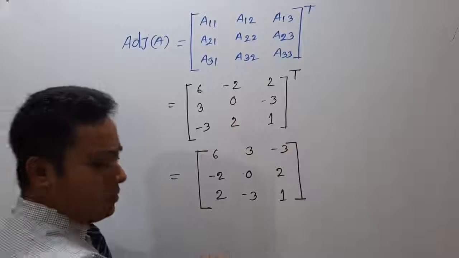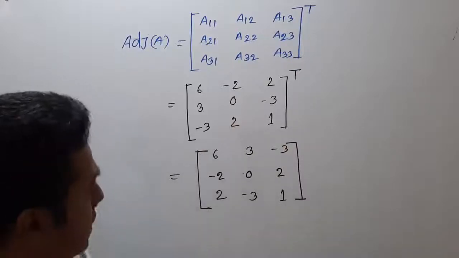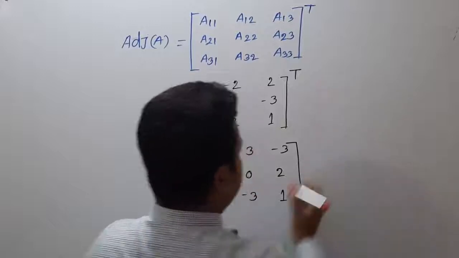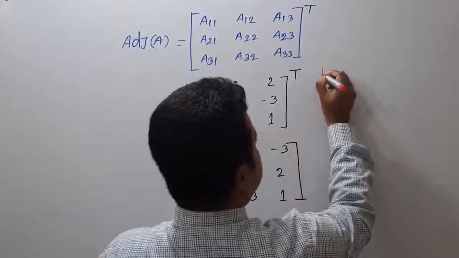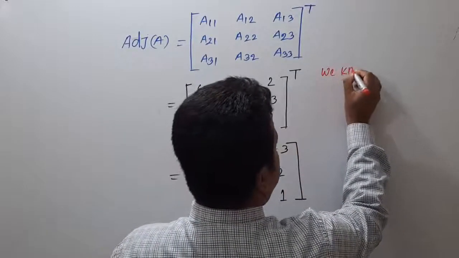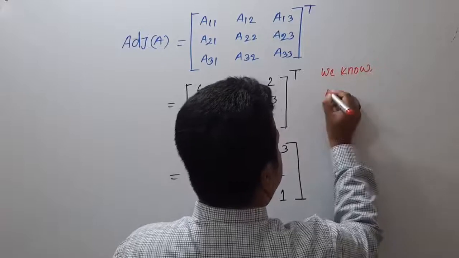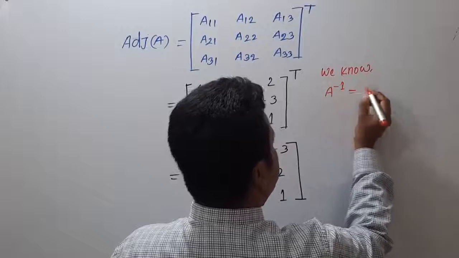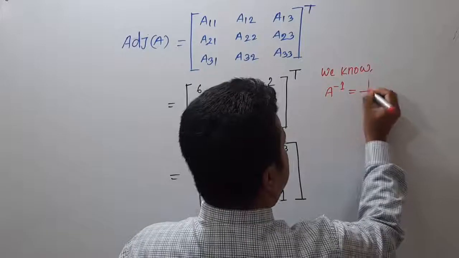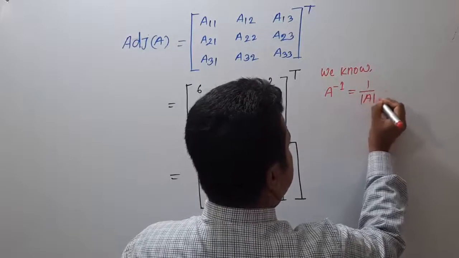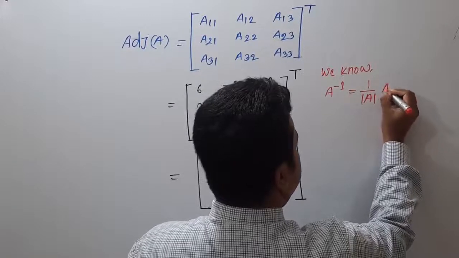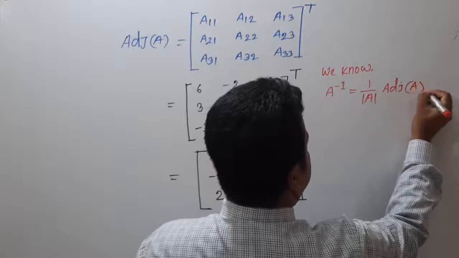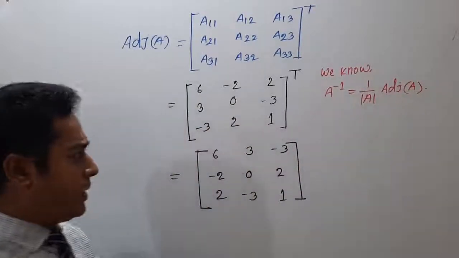Now we know our inverse matrix of A: A inverse is equal to 1 by determinant of A into adjoint matrix of A. This is our formula of the inverse matrix.